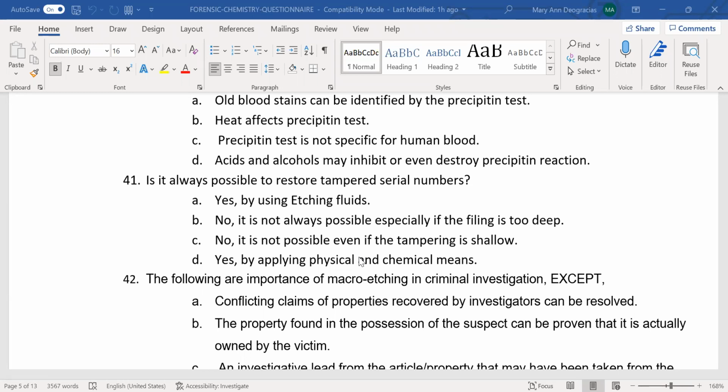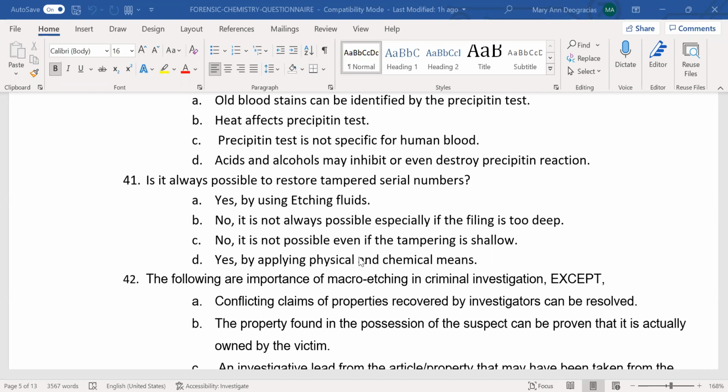Alright, may tanong, no? Meron akong smart na estudyante, guys, tungkol sa macro etching. Ma'am, sabi niya ganon, is it possible to use the etching fluid when the serial numbers are laser embossed? Gulat ako sa kanya. Pag laser embossed ang serial number, can we restore the numbers using the etching fluid?